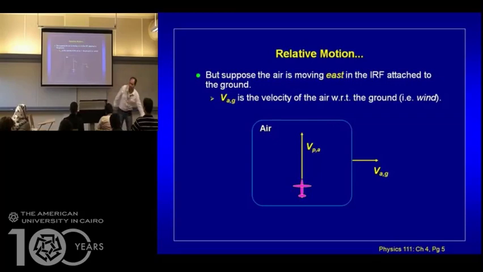In order to arrive at that point, all I have to do is to direct myself in that direction in such a way that, if this is the y component and this is the x component, my x component of the velocity, which is along that direction, should cancel out with the x component of the air. If I do that, I can reach that point, which is my destination.